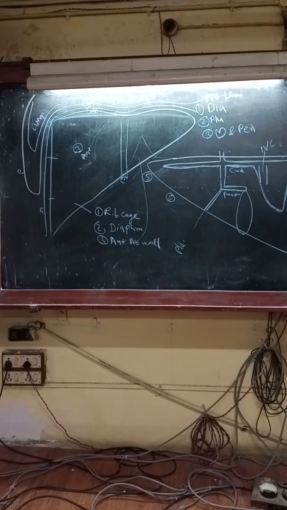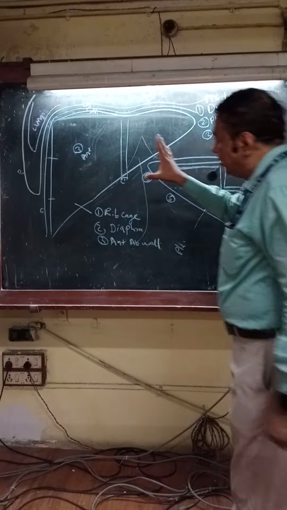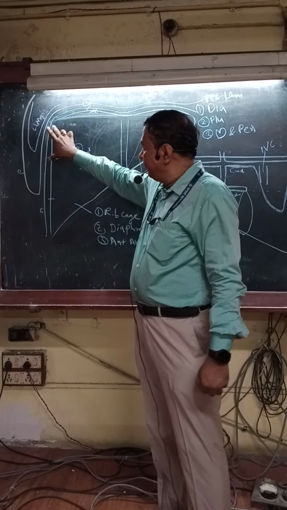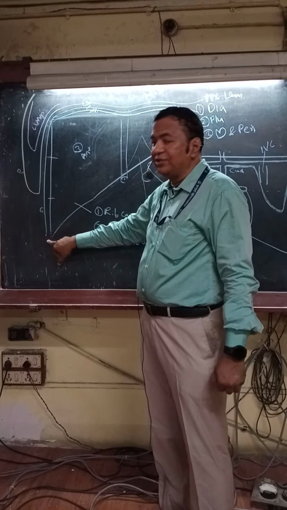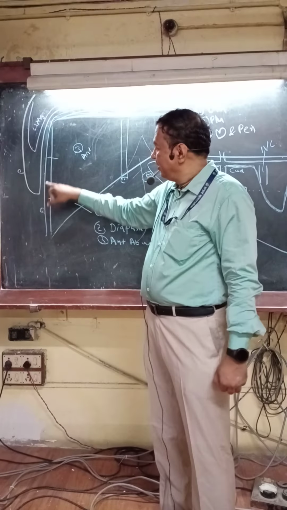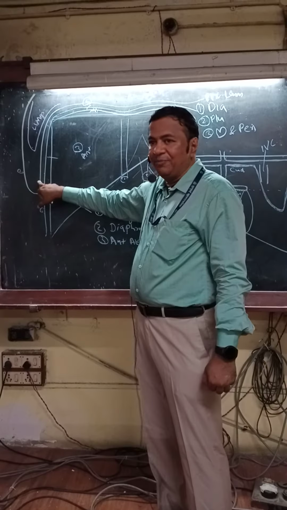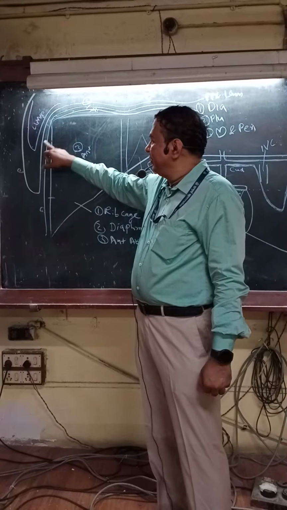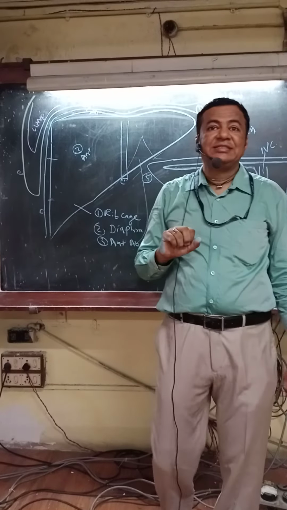But how will you talk about this? The upper one third, middle one third and lower one third are all related to the diaphragm. The middle one third is related to diaphragm and pleura, and the upper one third is related to diaphragm, pleura and lungs.